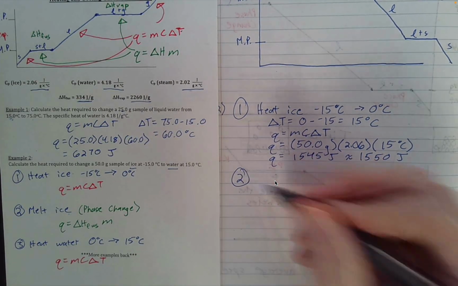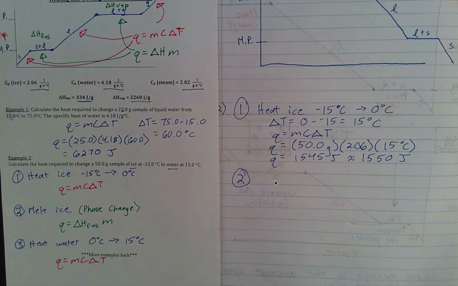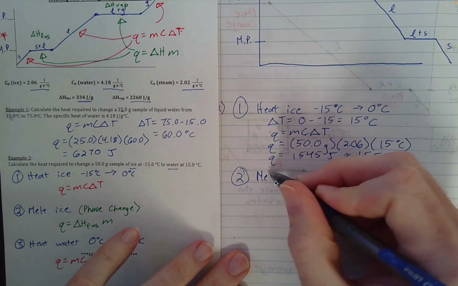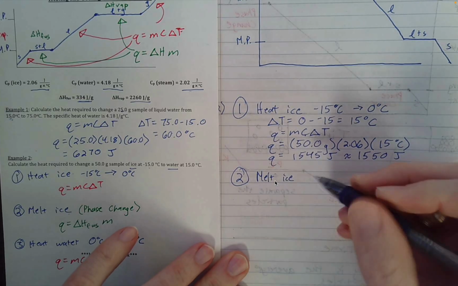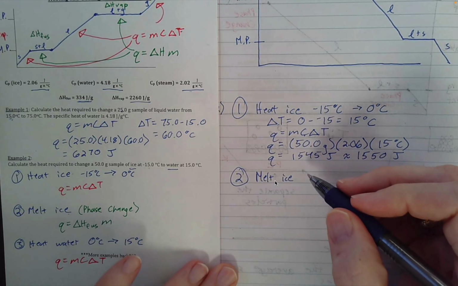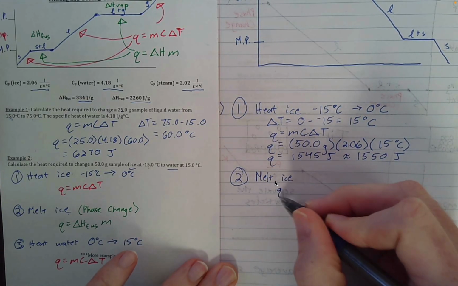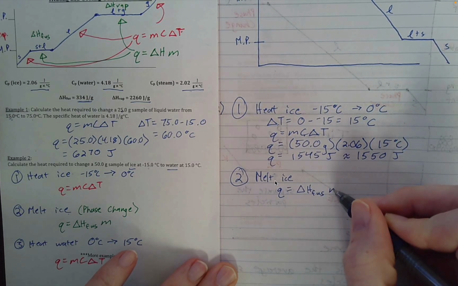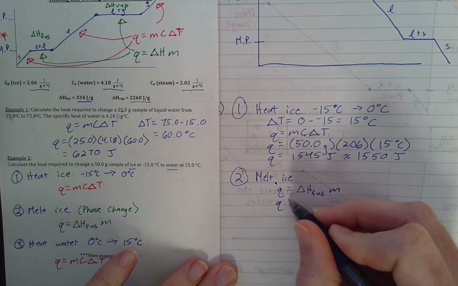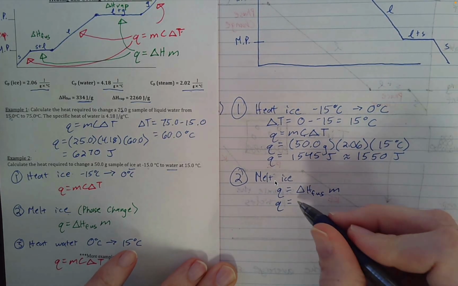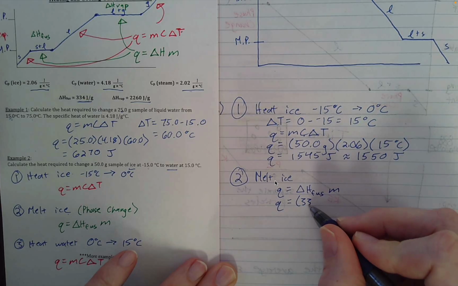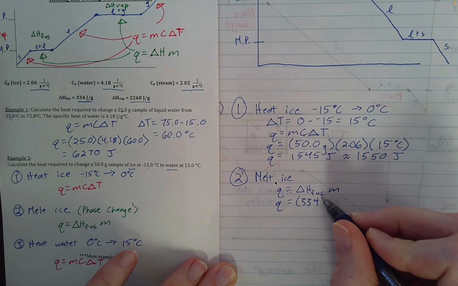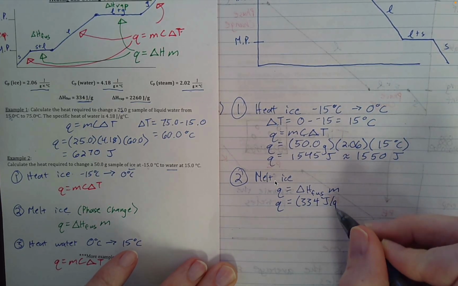Now, part 2. We're going to melt the ice. So we have to use Q equals delta H of fusion times m. This is actually really easy because the delta H of fusion is just a number, 334 joules per gram.